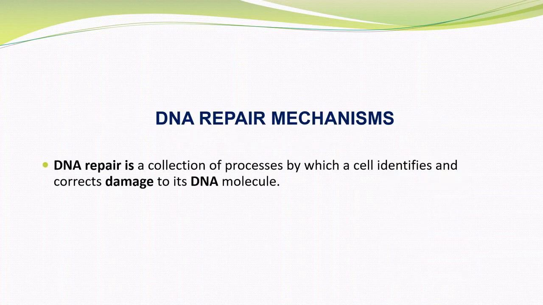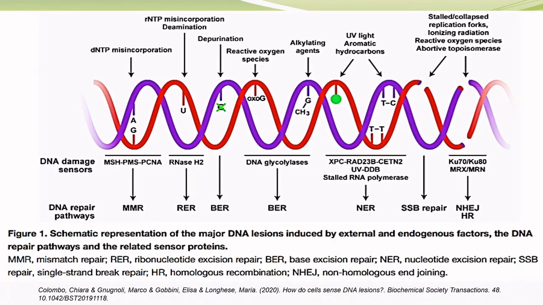Fortunately, by nature, the cells have evolved mechanisms to detect the DNA damage and then to repair the damage. Several DNA repair mechanisms have been identified in both eukaryotic and prokaryotic cells.